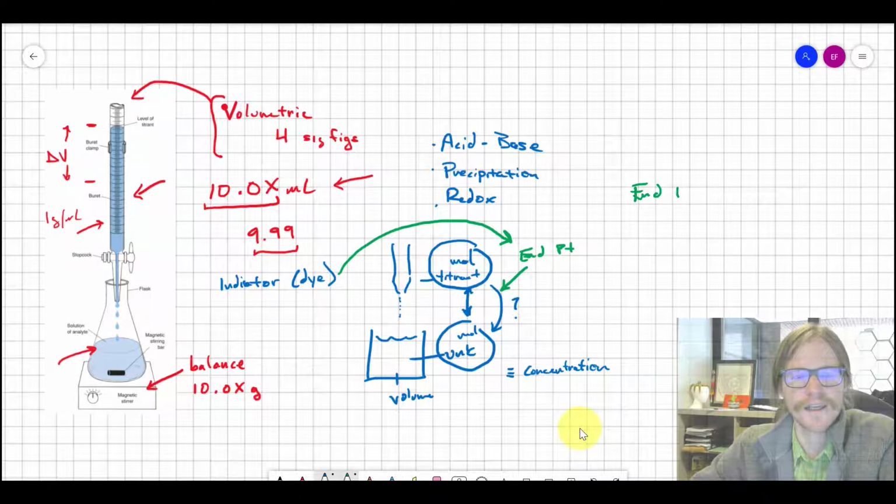Endpoint is the experimental point at which the experimentalist, or you, determines moles of titrant to be equal to moles of unknown.